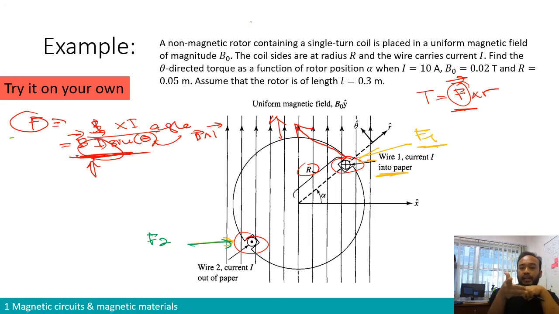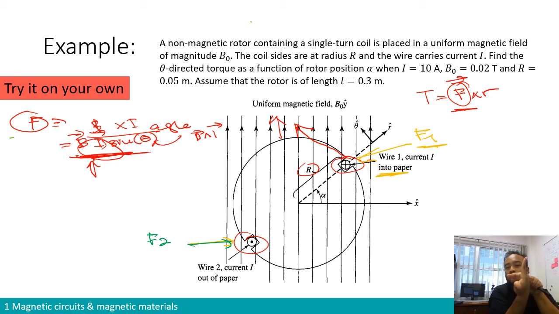Try to do this with me. The current goes into the paper, and the magnetic field goes upward. So you have your force going in the same direction as axis X.